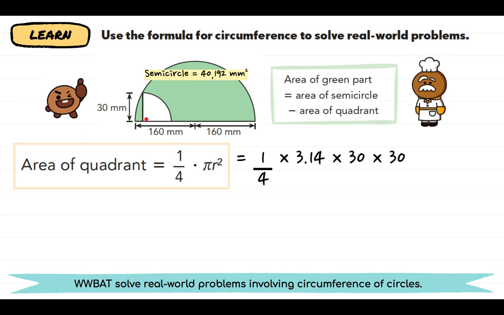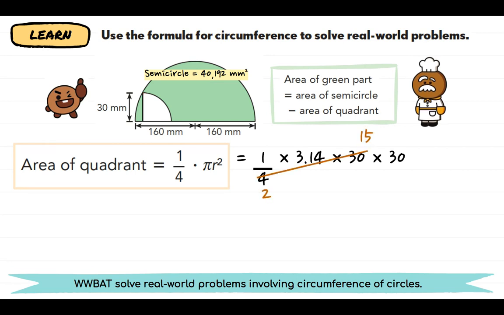Now, we plug in 1/4 times pi, and pi in this case is 3.14, times the radius twice. So times 30 times 30. 30 and 4 can both be divided by 2.